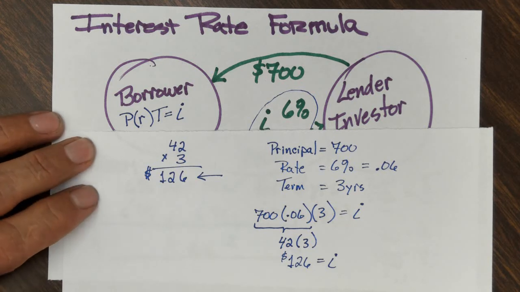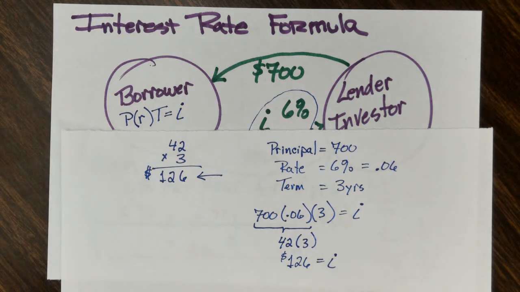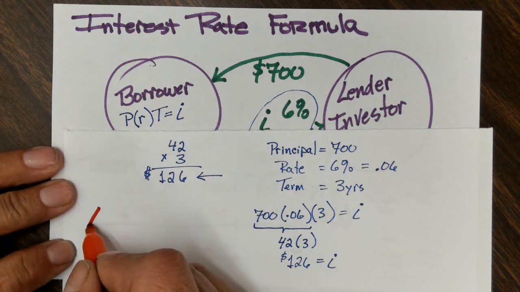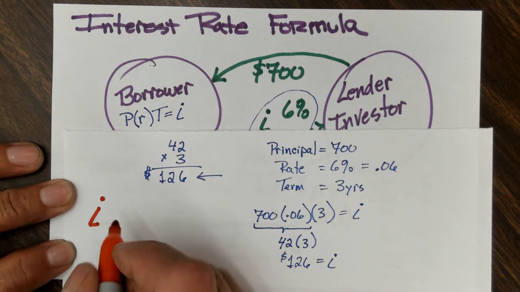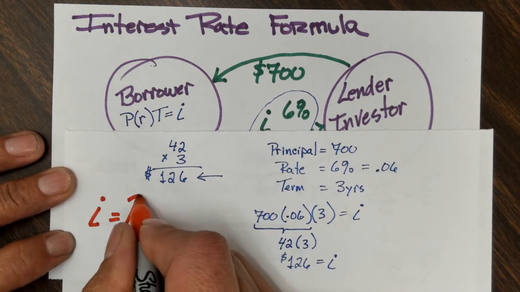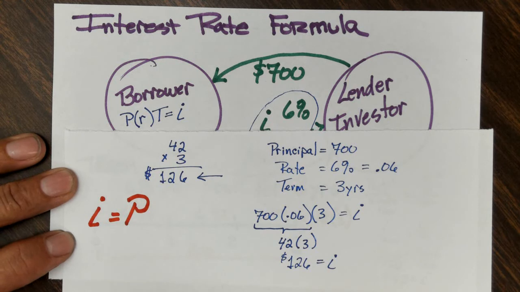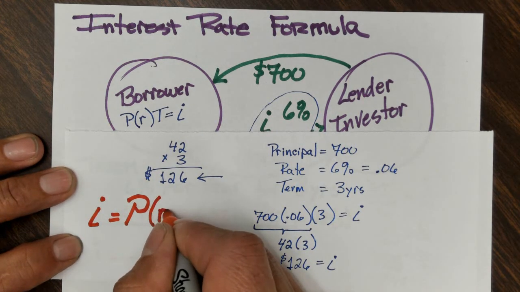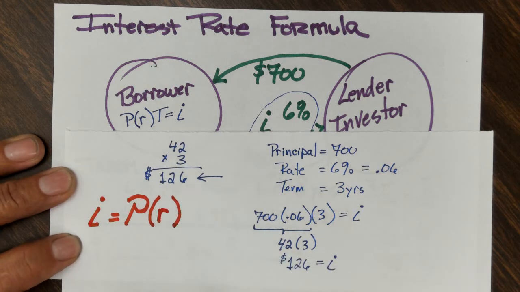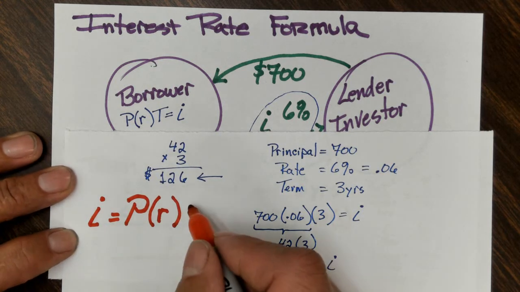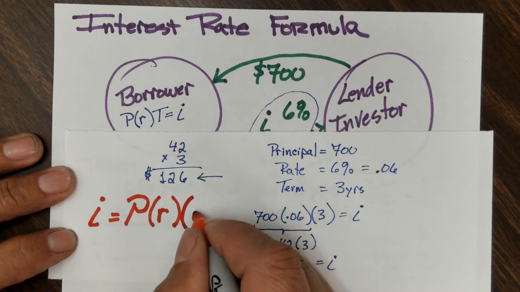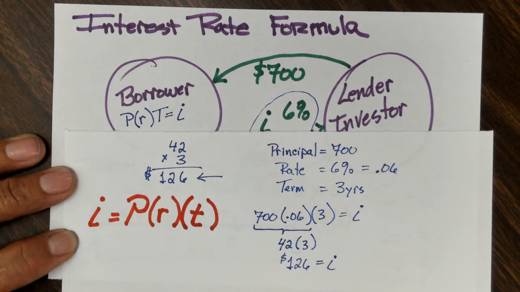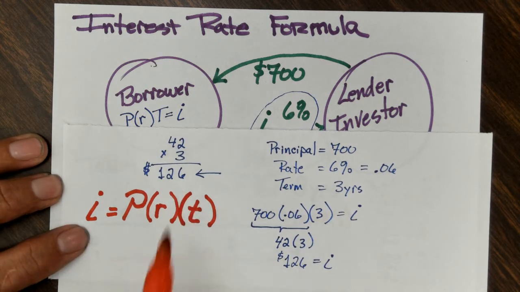So there's our formula. Our formula we're going to write is simply the interest that you're going to pay is equal to the principal, the amount you borrowed or the amount you invested, multiplied by the rate or the percentage as a decimal, multiplied by the time or the term that you're going to have that money out. That will be your total interest, and that will be that number.